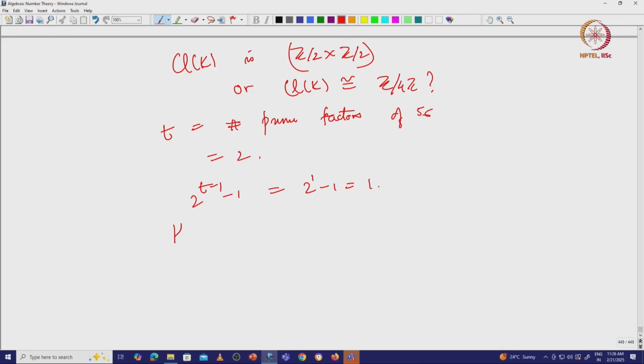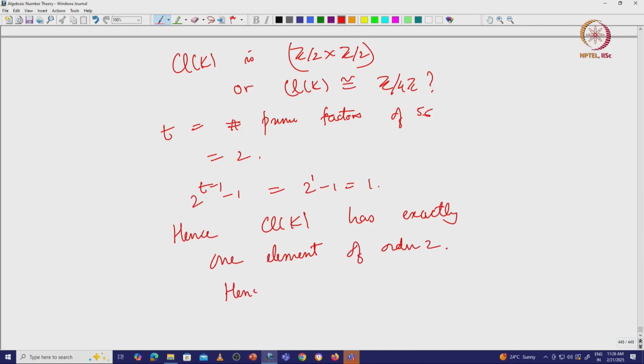Hence by the theorem, CL of k has exactly one element of order 2, and so CL of k is isomorphic to Z mod 4Z. So we can determine the structure of the group also if we use this theorem. Sometimes we can use this theorem and get the structure of this group.